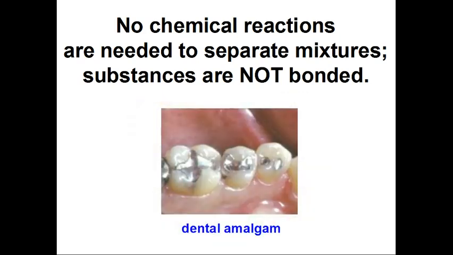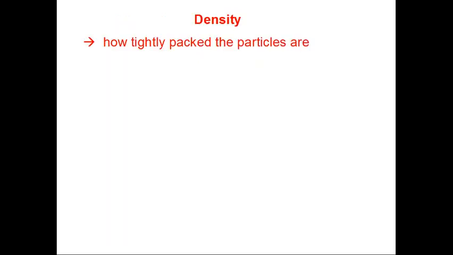Dental amalgam is used for your fillings, and this is why if somebody gets struck by lightning or a lot of electric shock, their fillings can actually pop off because they separate out, because it's a mixture. It's not a chemical compound. It's a mixture that they use for fillings.